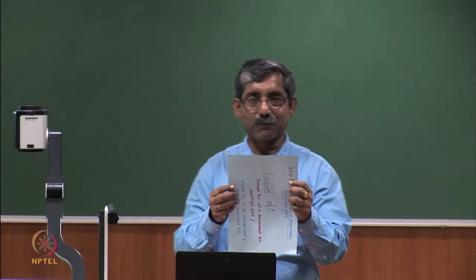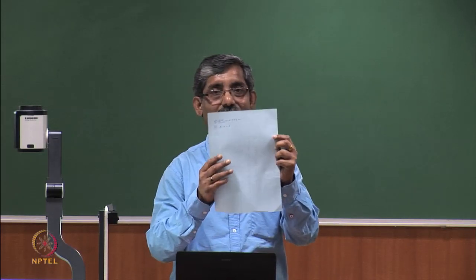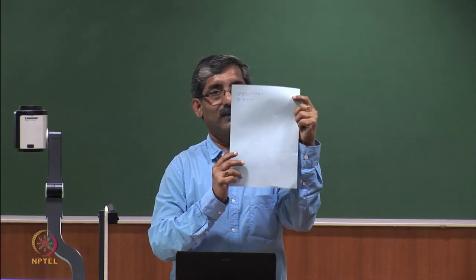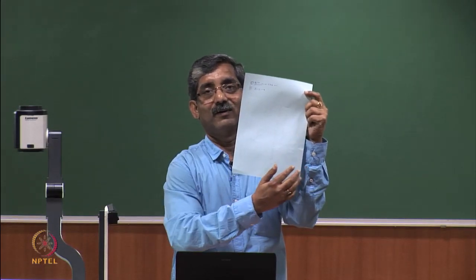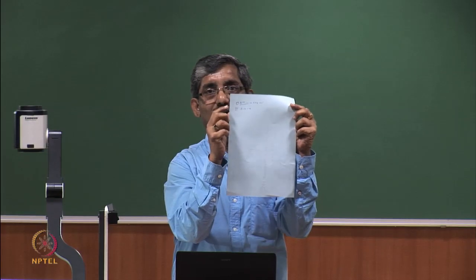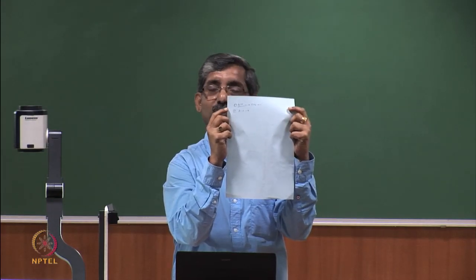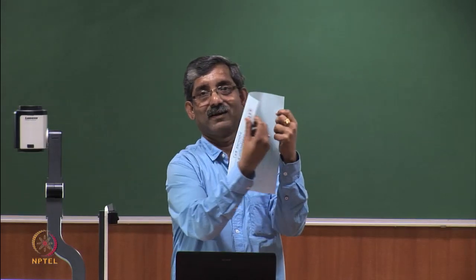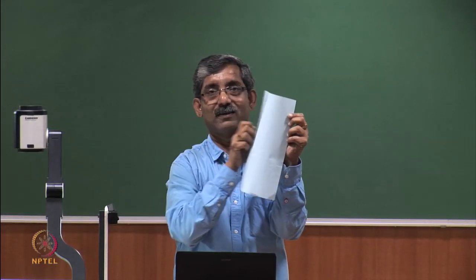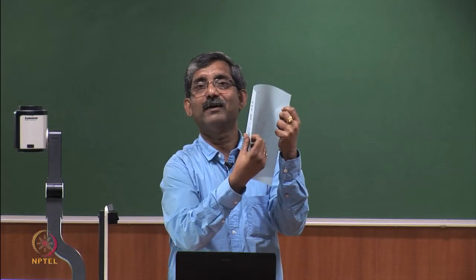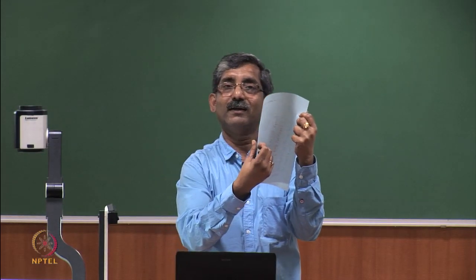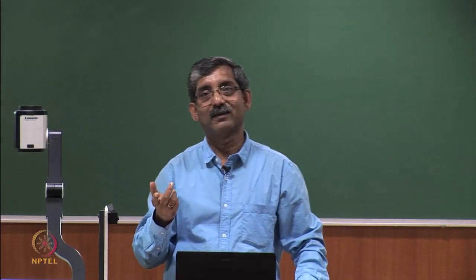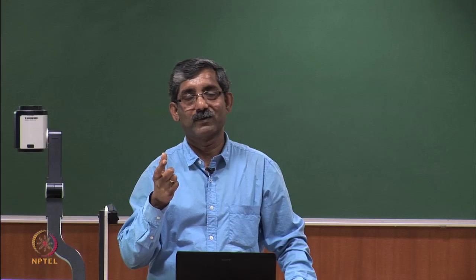Suppose this is the fabric sample, fabric specimen. Here the fabric is gripped by one jaw, and the other jaw is movable like this. In this process we try to bend, and here the bending curvature is fixed.